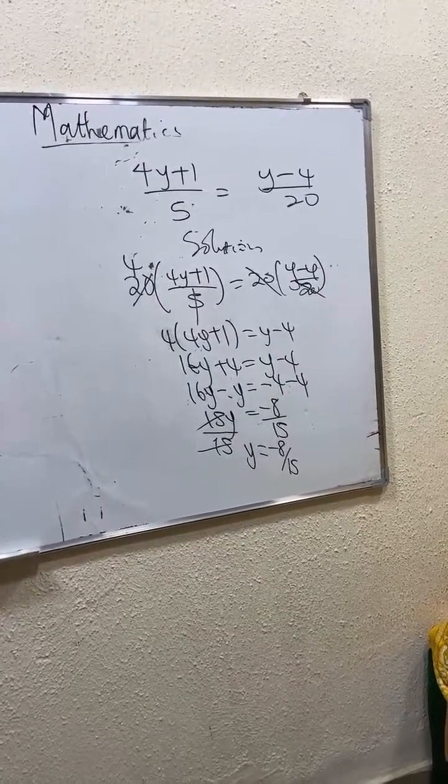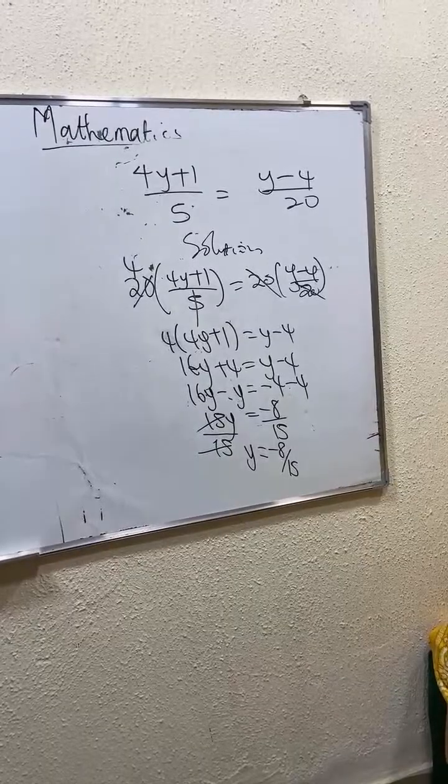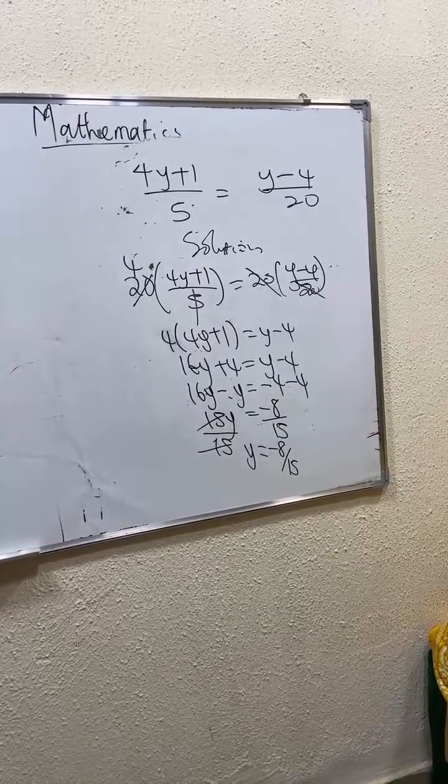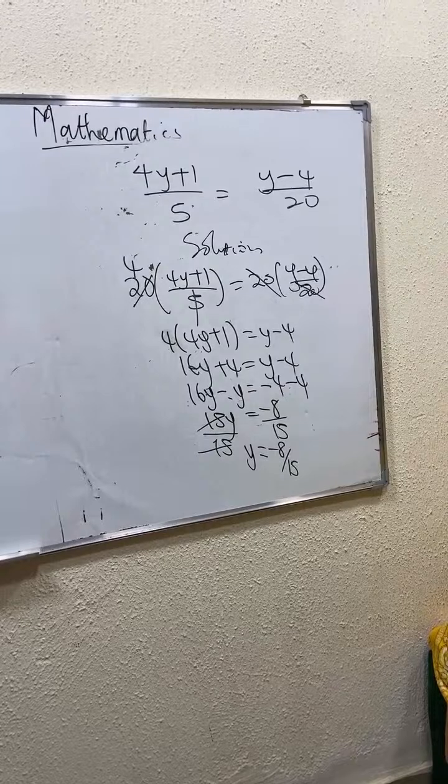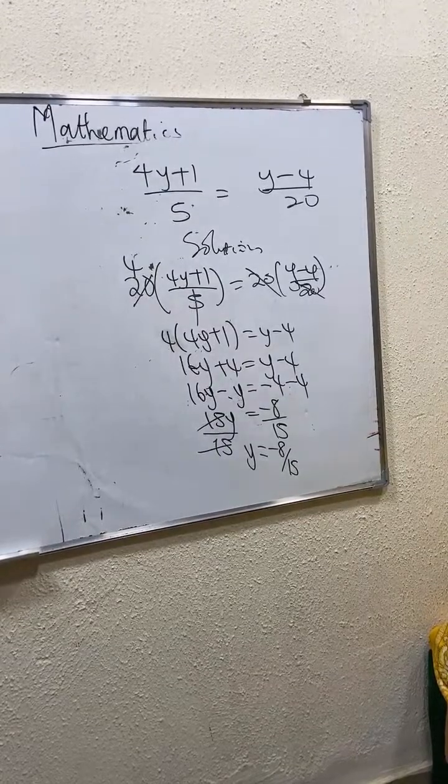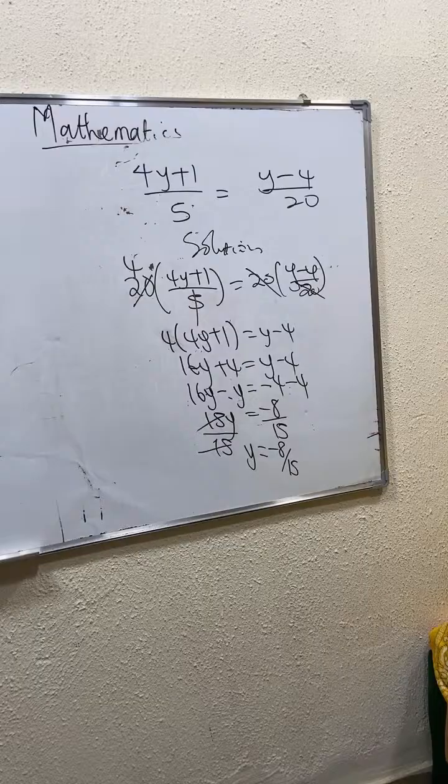The method we are using now is that we clear the fraction, and that's what we did. After clearing the fraction, we get those values, minus 8 over 15. That's the easiest way of solving simple equations.